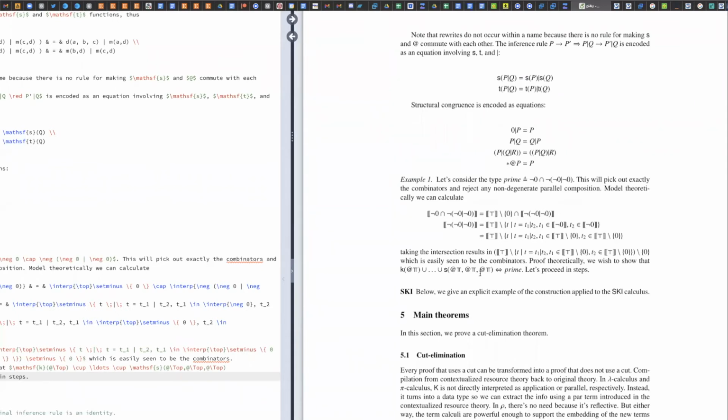I'm not sure what you mean when you say these combinators implies prime. So what we're saying is we're going to make a formula. These are not the combinators; these are types picking out. So this type here is going to be the type of all processes that look like K of some name.